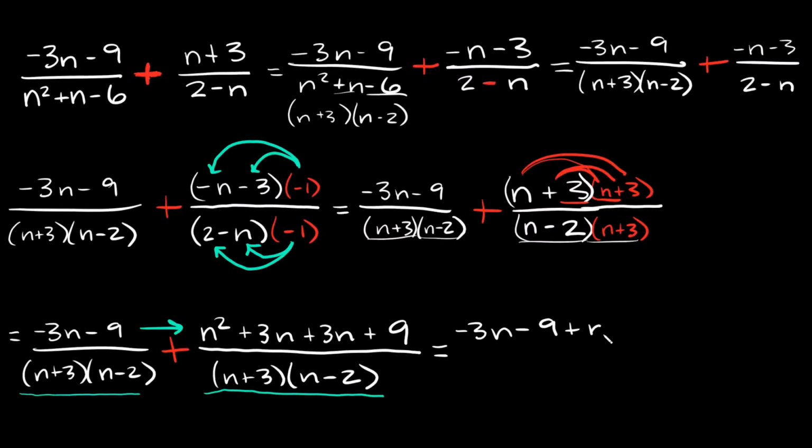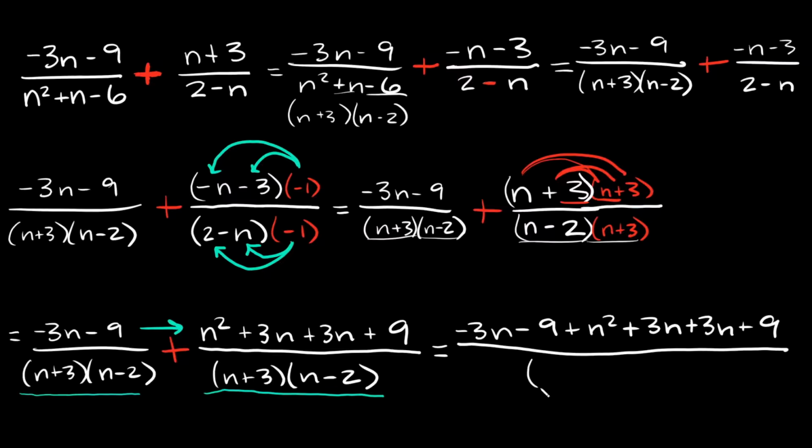So plus n squared plus 3n plus 3n plus 9, okay? And then that's going to go over, again, our denominator, which is just n plus 3, n minus 2. All right, now we're going to be able to simplify the numerator, right, because we can combine like terms on a bunch of these things, and we're going to be able to cancel out a ton of stuff right now. So let's do that.